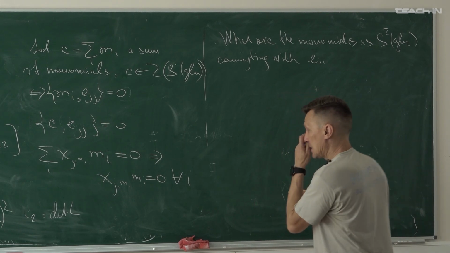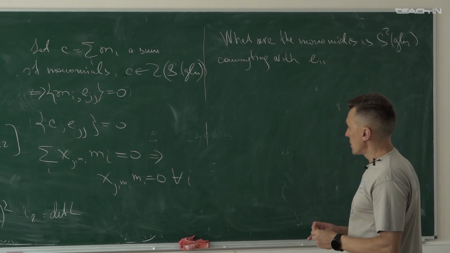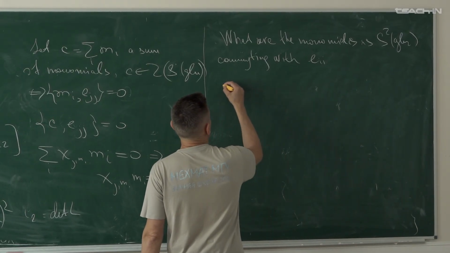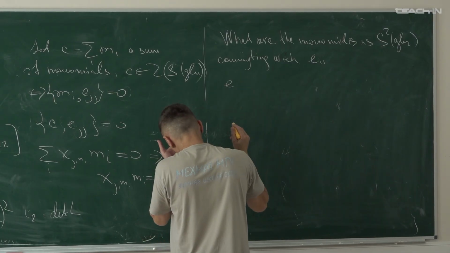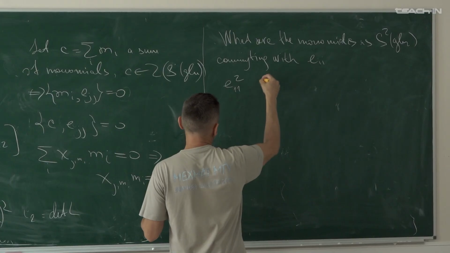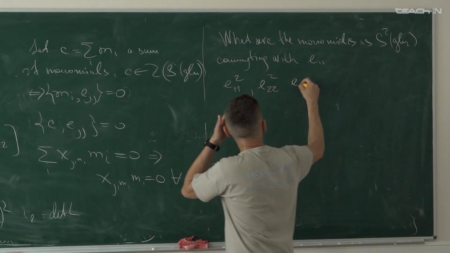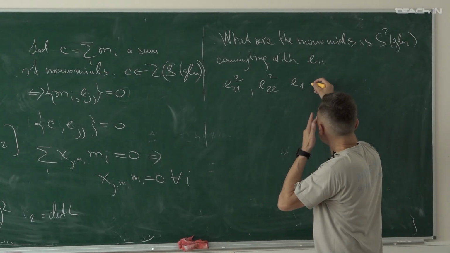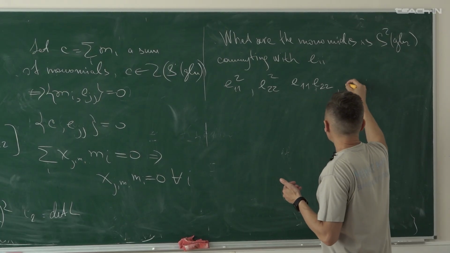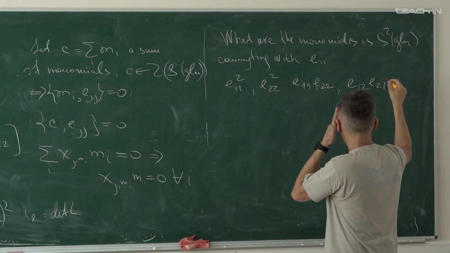Maybe it is simple to just calculate. E_11 squared, E_22 squared, E_11 E_22, E_12 E_21.